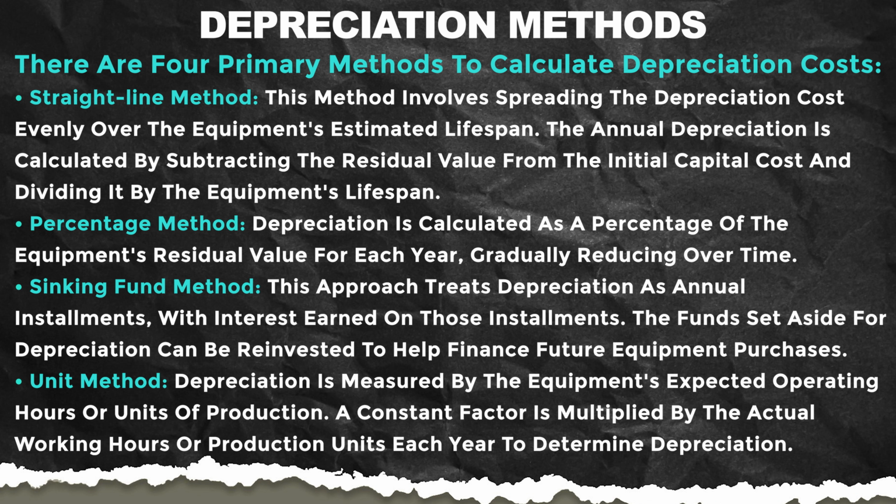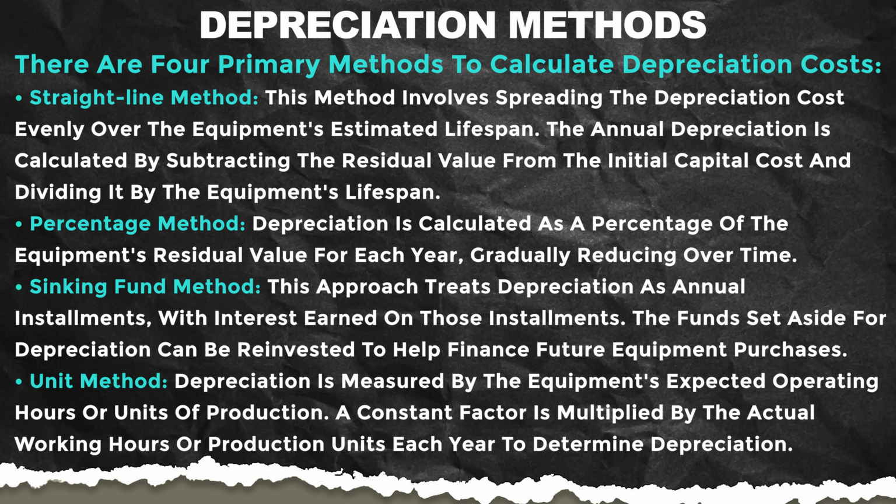Next is the sinking fund method. This approach treats depreciation as annual installments with interest earned on those installments. These funds set aside for depreciation can be reinvested to help finance future equipment purchase.